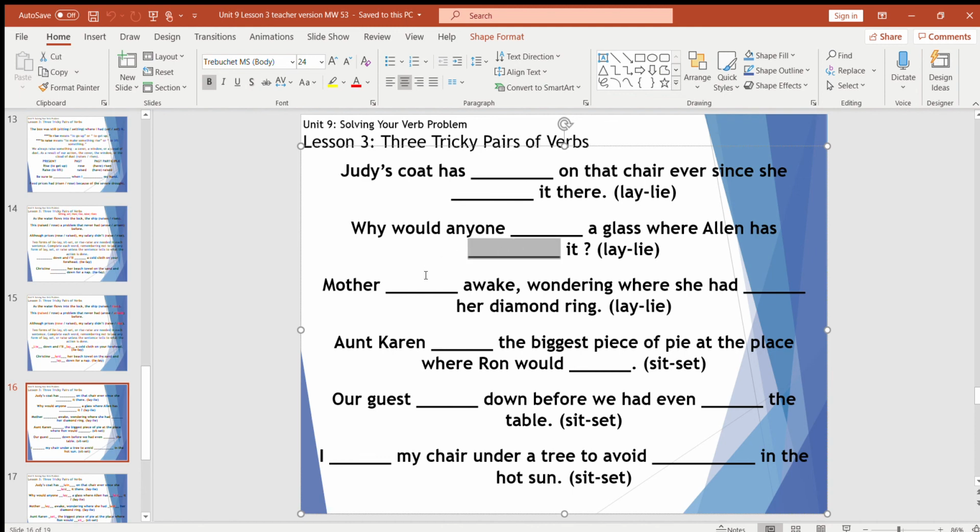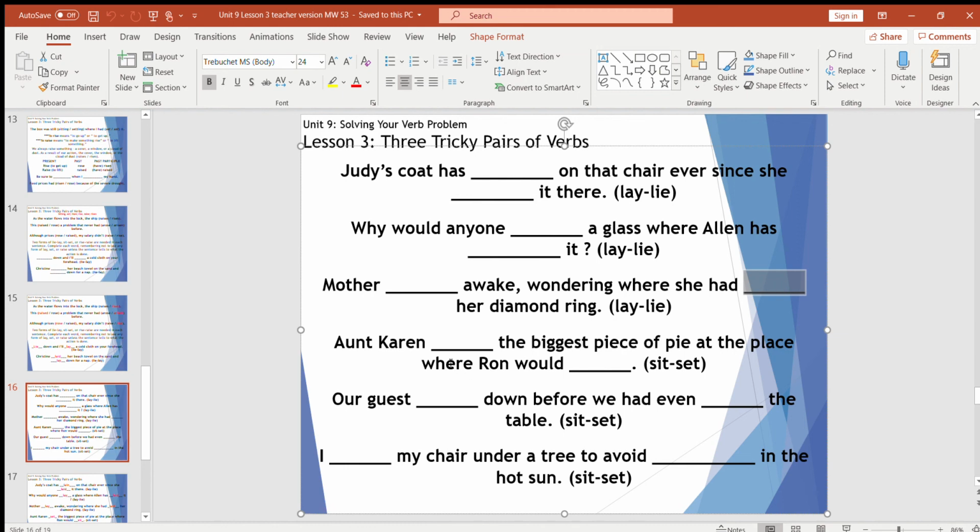Mother blank awake wondering where she had blank her diamond ring. Alright, so she's resting in the past tense, resting awake. She lay, L-A-Y, awake, wondering where she had put, in the past participle tense, because it had, she had laid, L-A-I-D. Again, lay and lie, probably the hardest of the 3 sets.